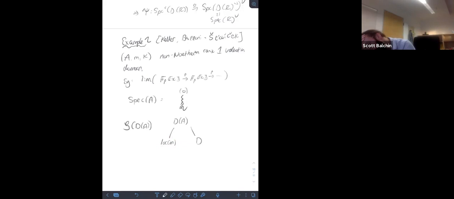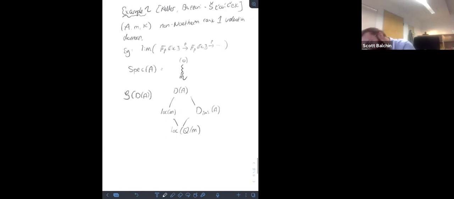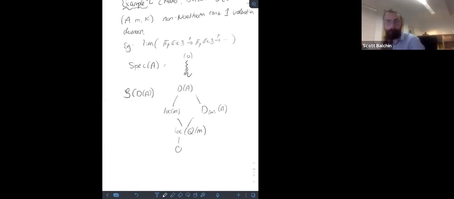I have D_m(A), the localizing subcategory of those compact objects supported at the closed point m. I have the localizing subcategory of Q/m. Q here is my function field. And here I have 0. So this is what the lattice looks like.